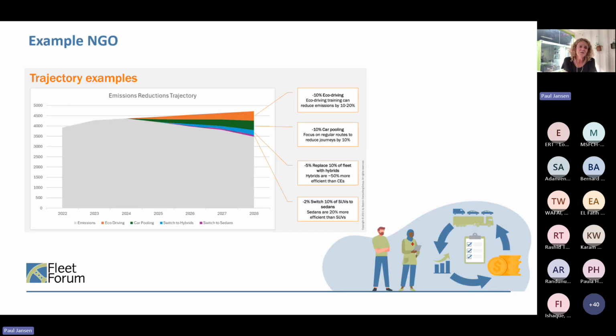Now, this is an example from one of the Fleet Forum members, where they really looked at what the impact would be if they implement some of these actions.